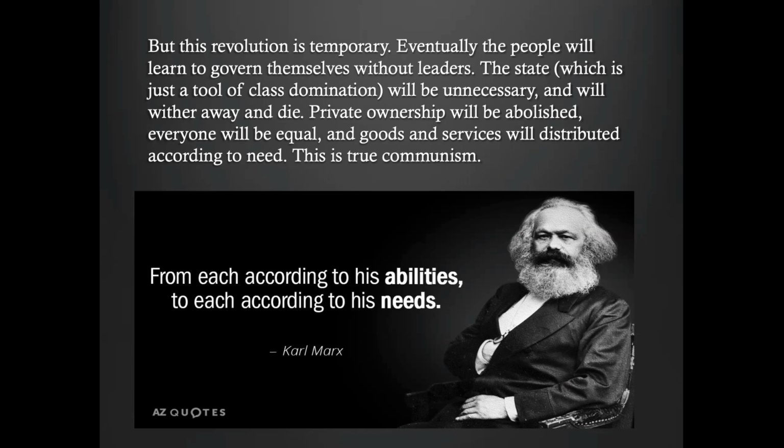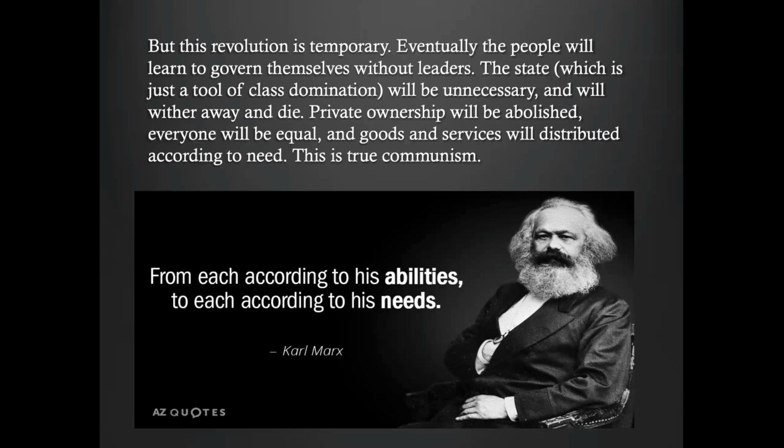Private ownership of at least the means of production will be abolished. That doesn't necessarily mean that all private property will be abolished, but just the means of production, right? Everybody will be equal, finally. And goods and services will be distributed according to need, because there'll be no profit motive.